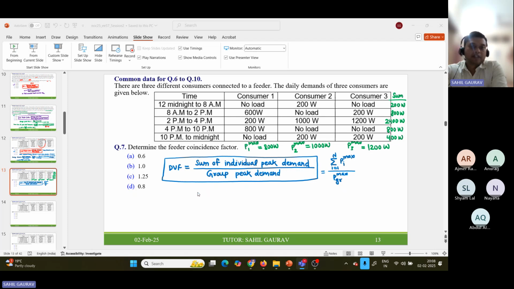If you see its significance, diversity factor is the sum of individual peak demand over group peak demand. This diversity factor is always greater than 1, and suppose its value is very high. That means you are characterizing the load type, your load is so much diversified.